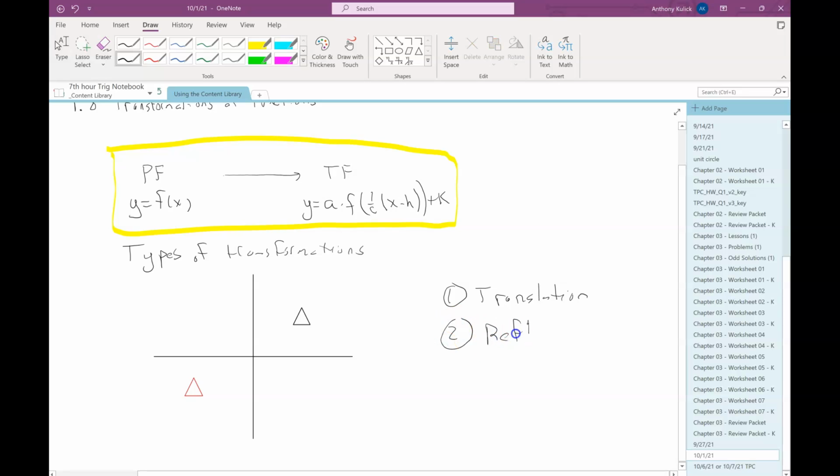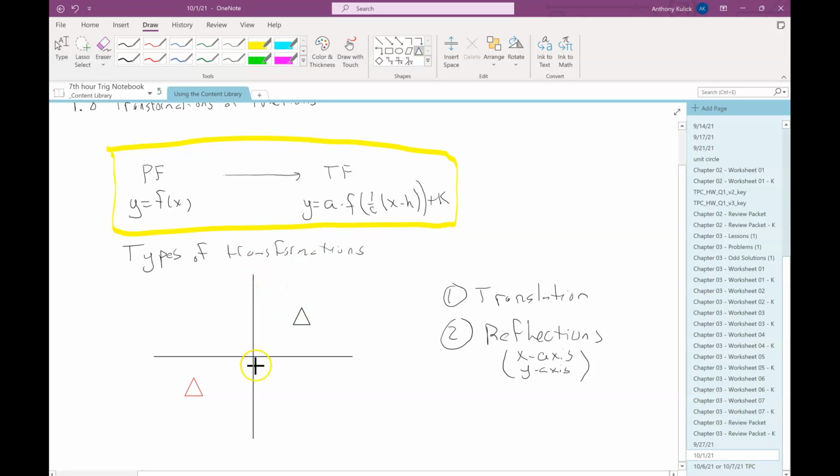We also talked about reflections there. Specifically, the 2 types of reflections that we're worried about are when we reflect across the x-axis and when we reflect across the y-axis. You can really reflect across any straight line, but that's beyond the scope of this class and almost any of your high school classes. Here we're just going to worry about the x-axis or y-axis.